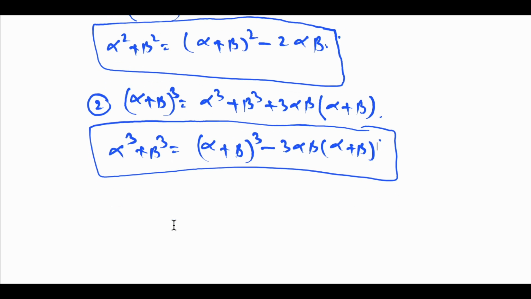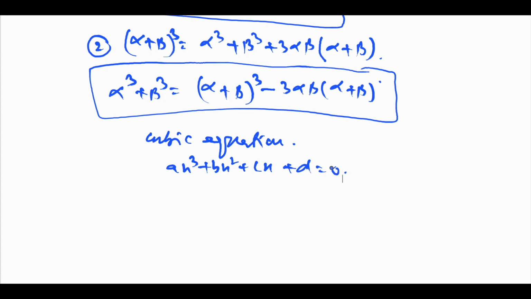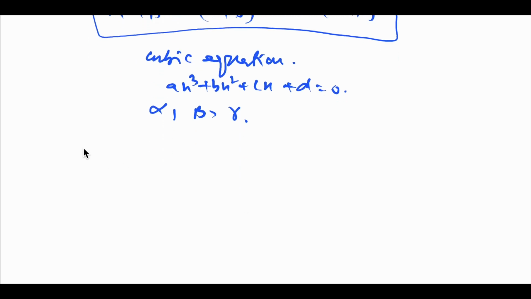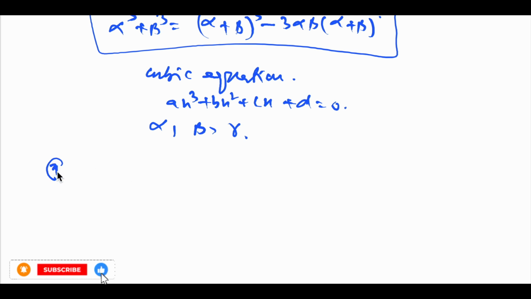Okay. Now, if there is a cubic equation, for example, it will have ax cubed plus bx square plus cx plus d is equal to 0. It will have 3 roots, alpha, beta and gamma. How can I square these? This is the third formula, which you have to remember.